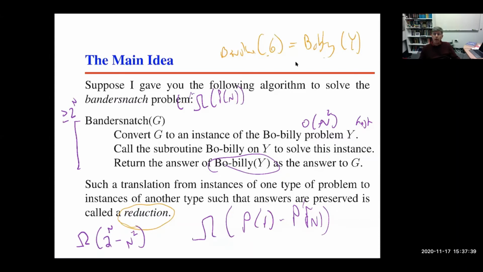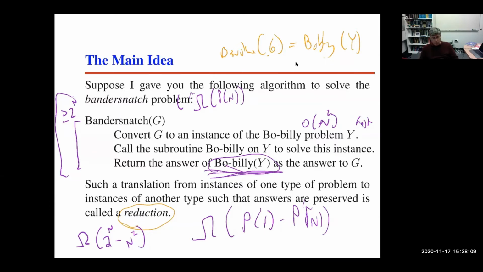Any questions about that? Do people see why? If I guarantee you there is no way to solve this thing fast, and I give you an algorithm for it that would be fast if there was a fast mobility solver, what does this algorithm prove? It proves there can't be a fast mobility solver. So everybody kind of see that? That's the logic here.